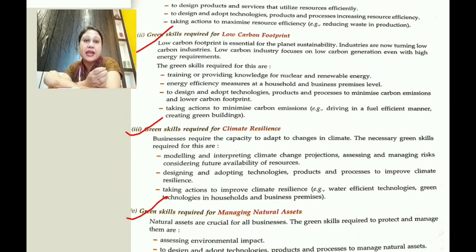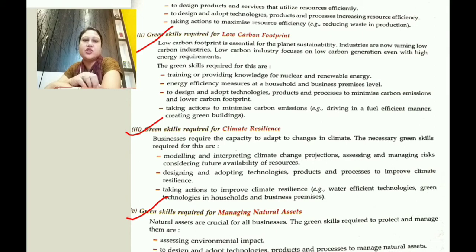Then to design and adopt new technologies, or you can say products or processes, in order to minimize carbon emission and low carbon footprint. Then taking certain actions to minimize the carbon emission, like for example driving in a fuel efficient manner, okay, or creating green buildings. Then the third one we have is the green skills which are required for climate resilience.